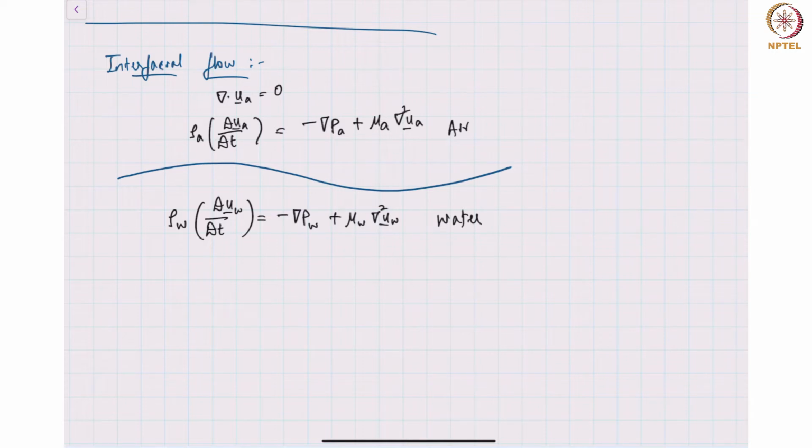So the motion of water and the motion of air are obviously coupled to each other. You should also write down the continuity equation in water. How are they coupled? They are coupled through the interface.